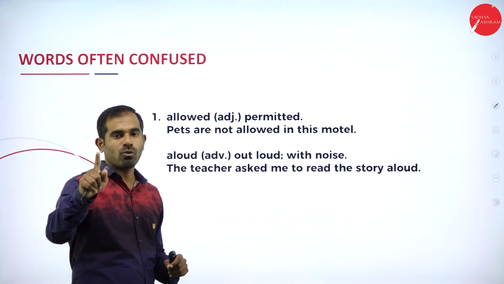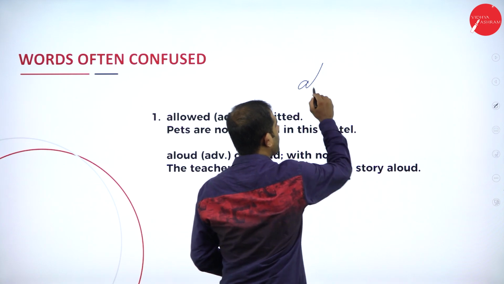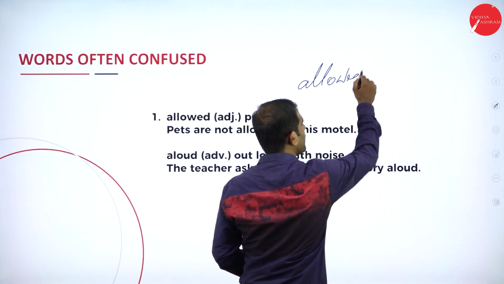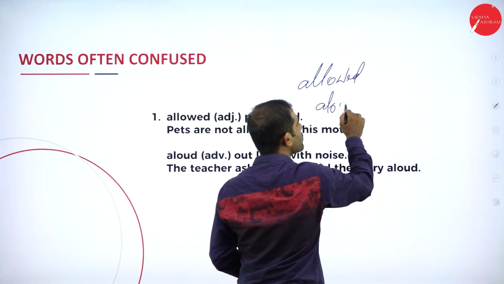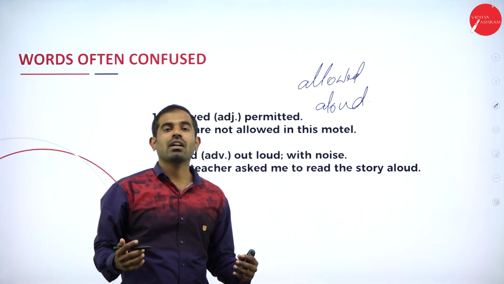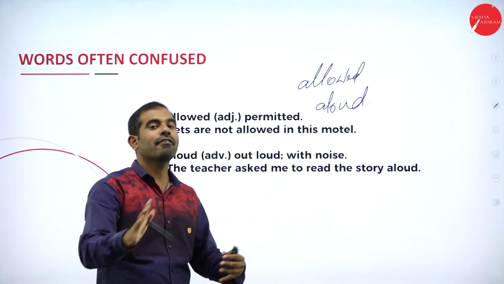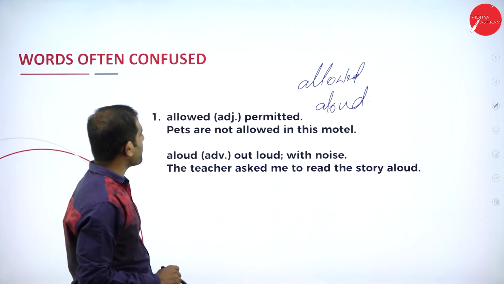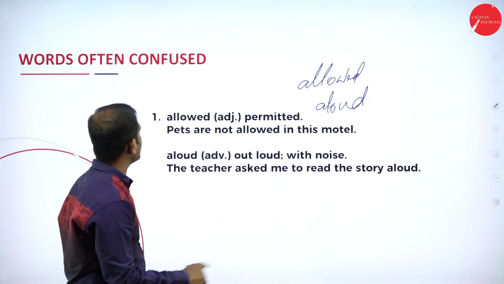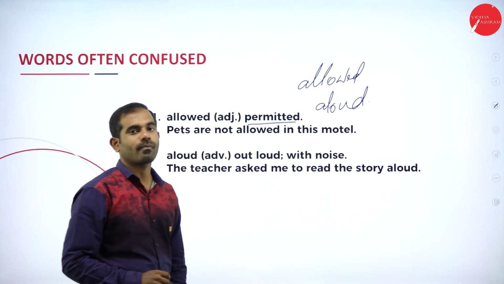First one is allowed. When I say allowed, you can think of A-L-L-O-W-E-D or A-L-O-U-D. Both the words are pronounced same, but they have different meanings, different context. For example, the first word, allowed, adjective, permitted.